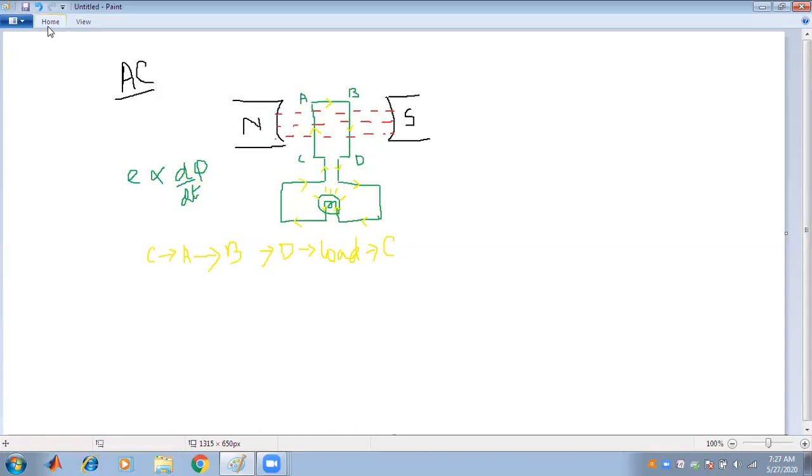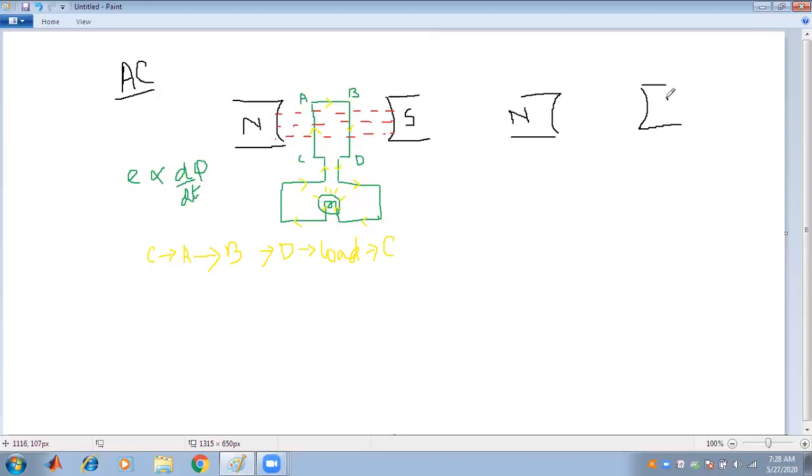Let us take another example. As I have told you, the conductor is in a rotating condition.